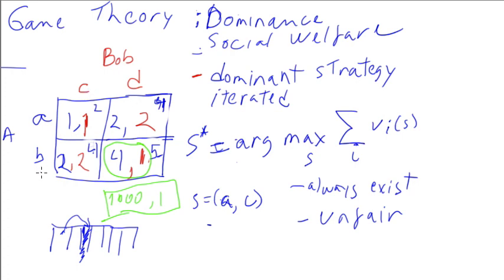If he's going to play B, I'm going to play C. That way I can get 2. So it's also unstable, right? If we play BD, Bob thinks, if Alice is playing B, clearly I should play C because then I can get 2. So dominance and social welfare, 2 more solutions.